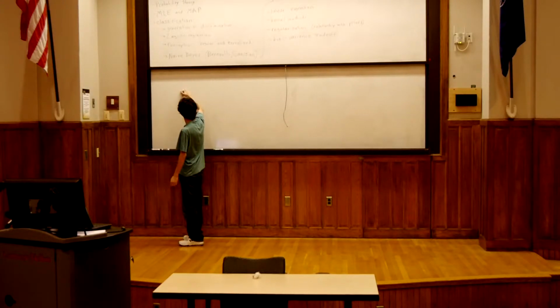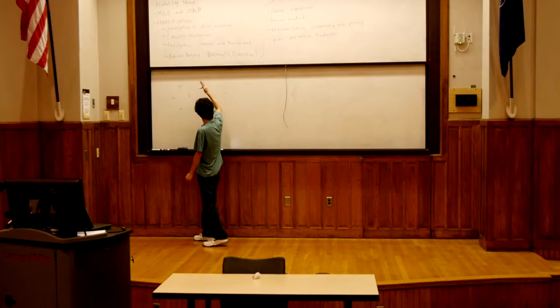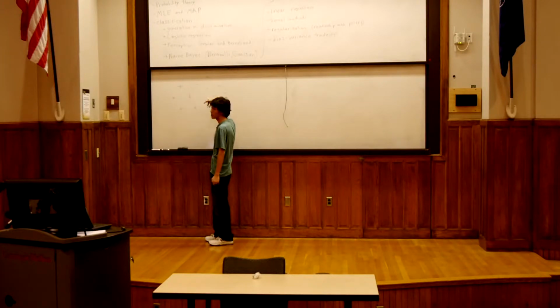So suppose you have some data points. This is linearly separable, so there are lots of different possible linear separators that can perfectly discriminate these two data sets, right?